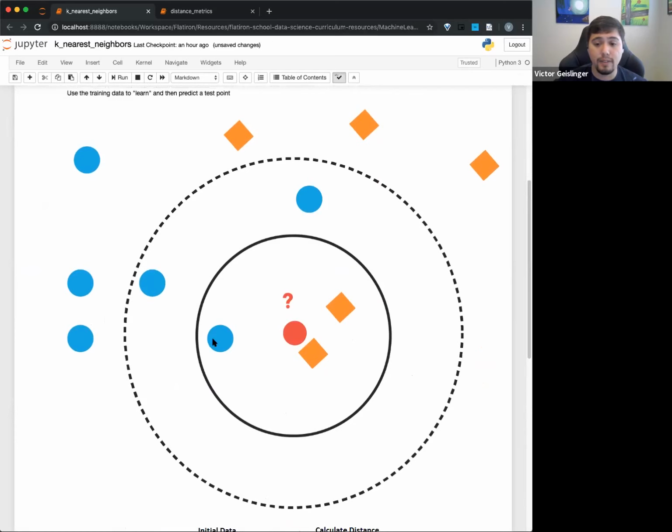But the basic idea here, and this is actually from the curriculum, is that we have these blue points and these yellow squares over here, and we have this red circle right here. What we're trying to figure out is, hey, what is this red circle? Is it supposed to be a yellow square or a blue circle?